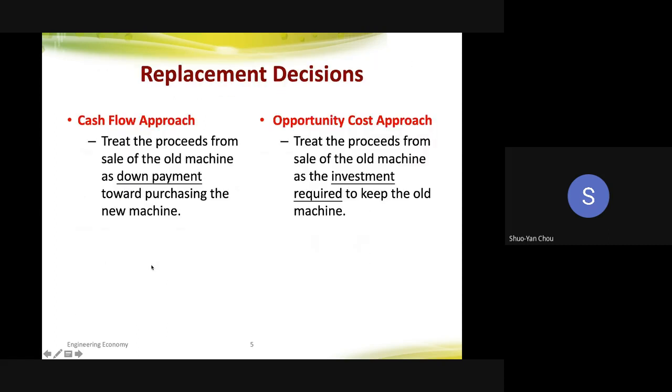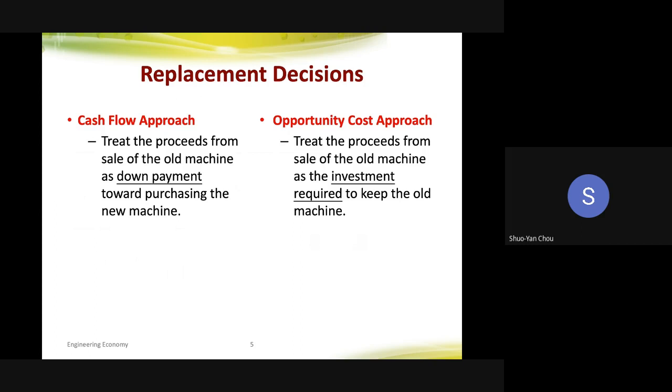$10,000 back. So how should we treat this 10,000? We can attribute this 10,000 to the new machine. Consider this 10,000 part of the new machine cash flow, and this 10,000 can help us alleviate the cost that we need to spend on the new machine.